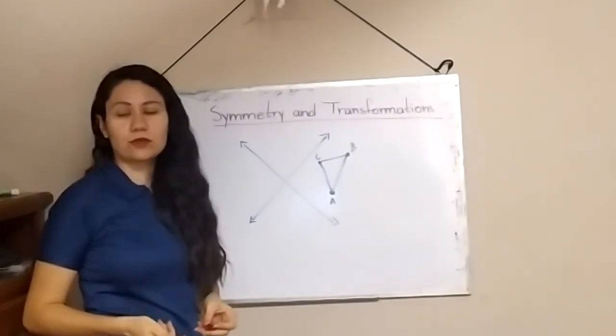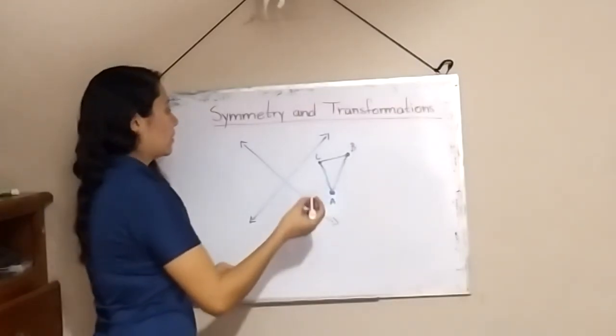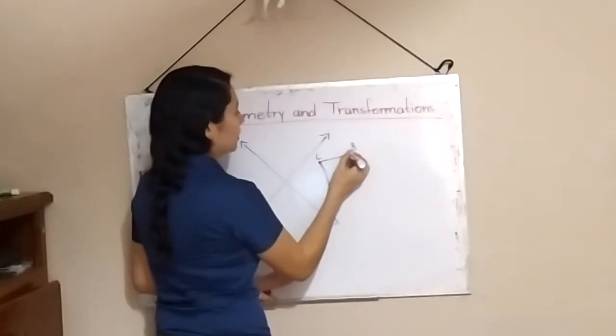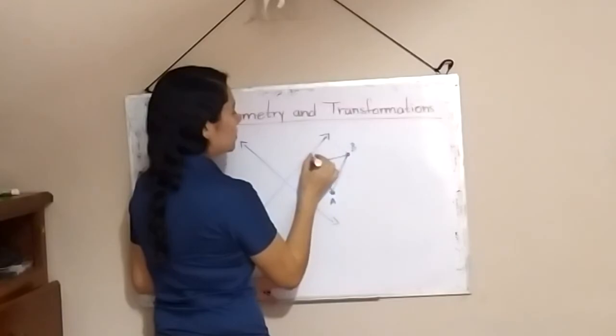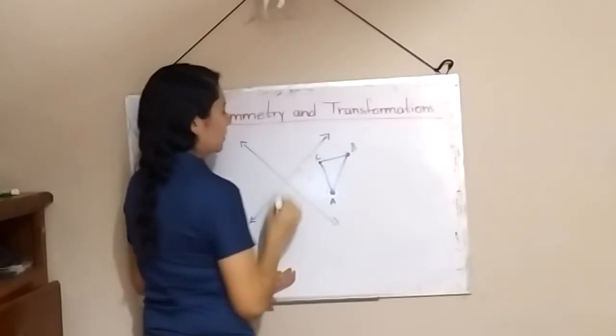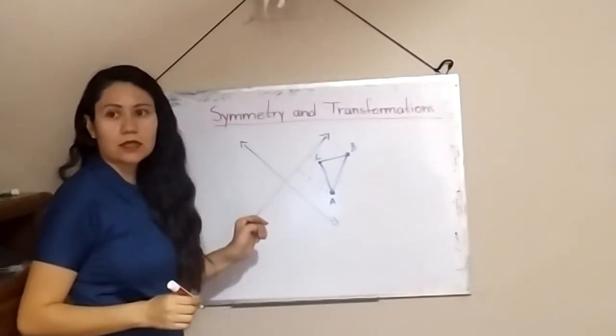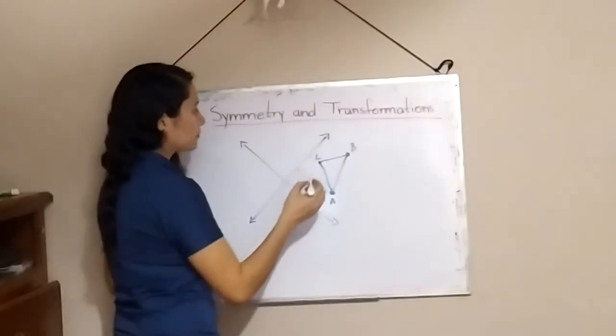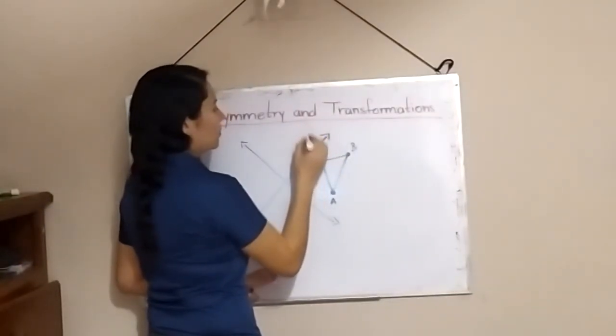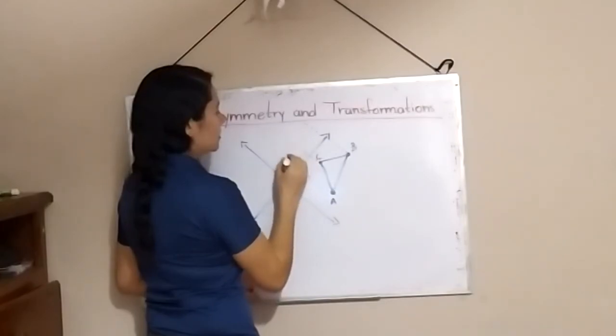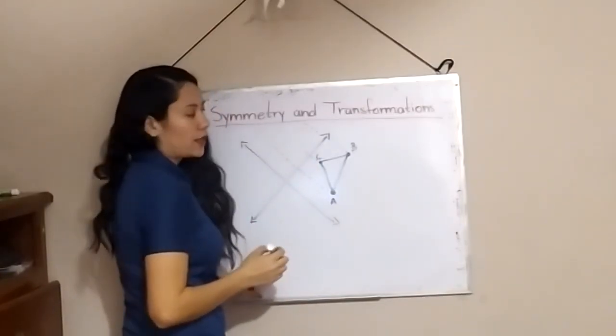And we are going to use the same principle. We are going to measure the distance between each of the points and our line of symmetry. We are going to measure the same distance to the other side.